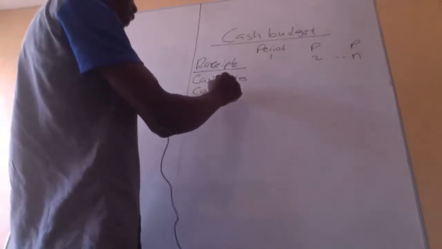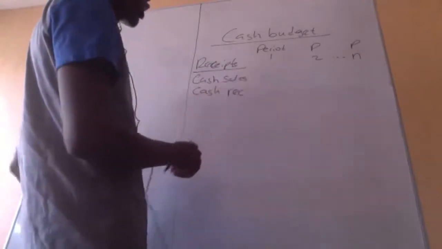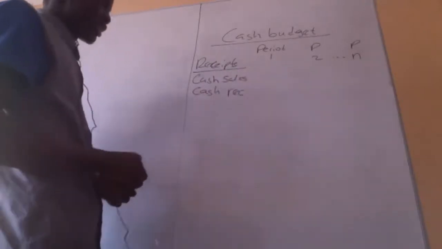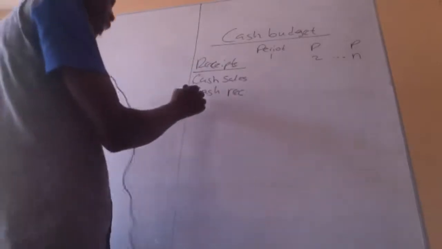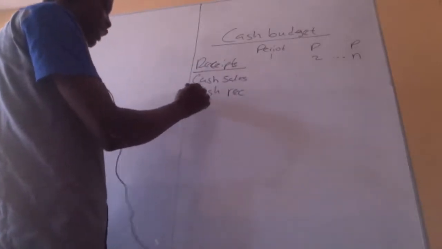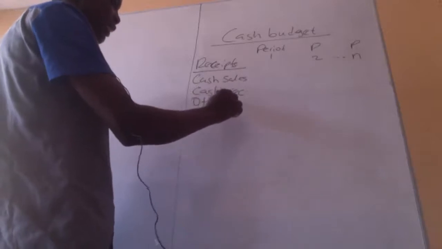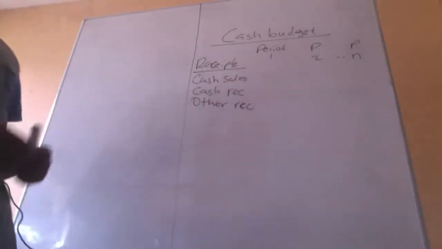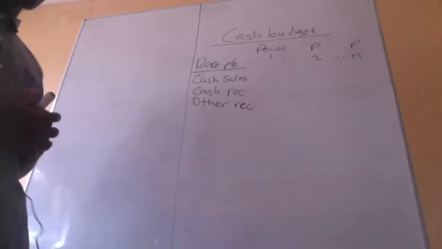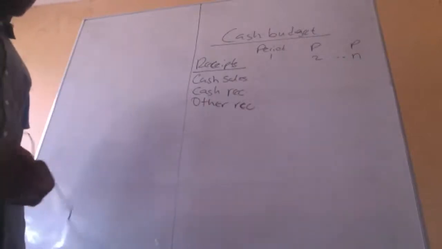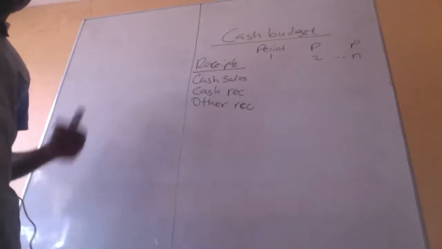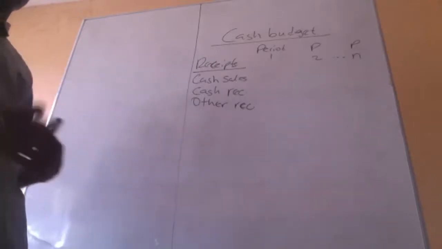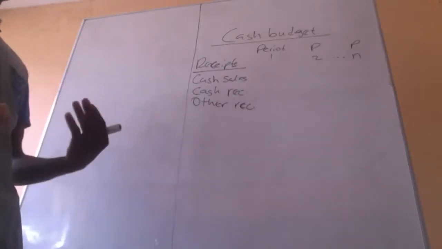And then unique receipts, or let's call it other receipts. So these are the 3 items that will form the receipt section, or the funds that you expect to generate, or the funds that you expect to receive.